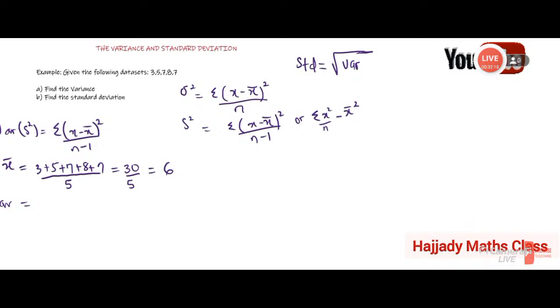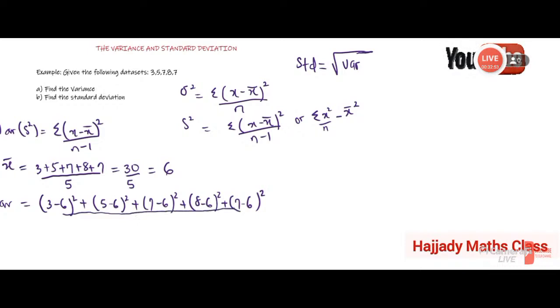Here we are going to have the first observation, which is 3 minus 6 all squared, plus the next observation, 5 minus 6 all squared, plus the third observation, 7 minus 6 all squared, plus the fourth one, 8 minus 6 all squared, plus the last one, which is 7 minus 6 all squared. We are dividing everything by our n, which is 5.